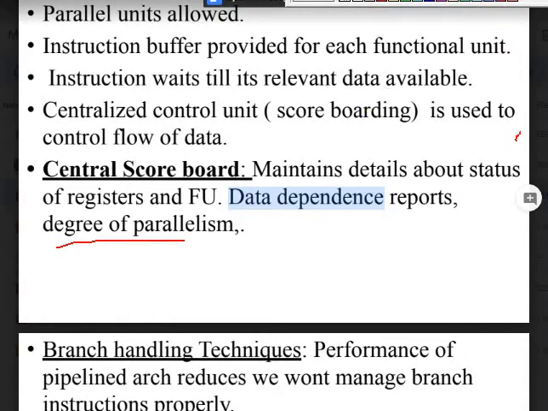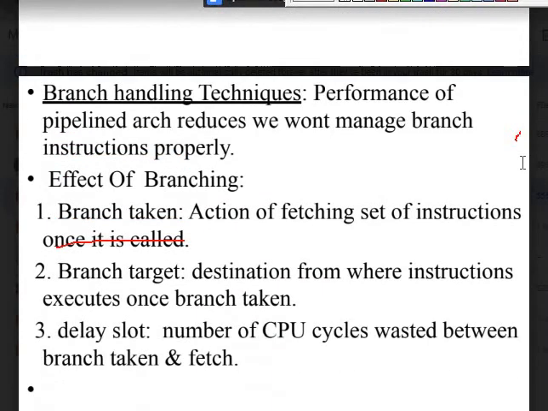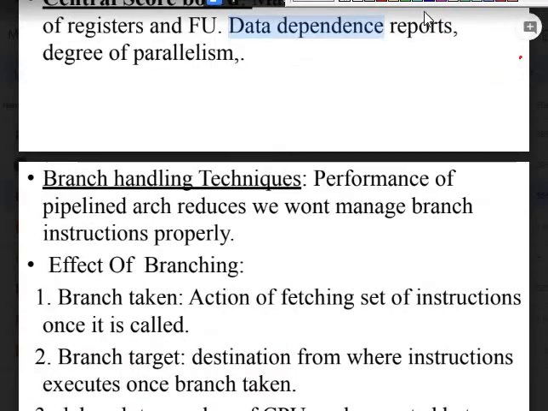Okay, so next, branch handling techniques. This is also one of the important concepts here. Branch handling means, let me draw one case. See, I have written some C program. Somewhere I have called one UDF, a user defined function.